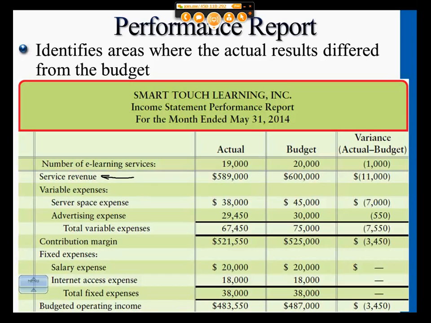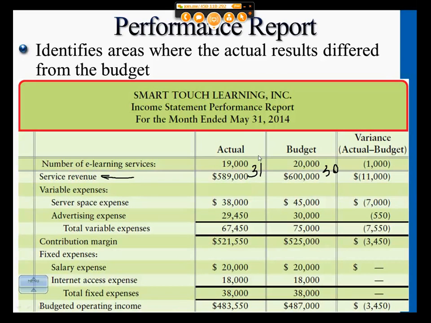So if I take 600 and divide by 20, I have 30 that I budgeted, right? I'm going to just write it here. Oh my gosh, it's so inconvenient to write with this thing. Okay, so the other one is the actual number. What is 589 divided by 19? It's 31.